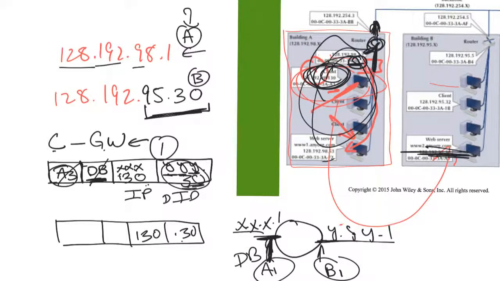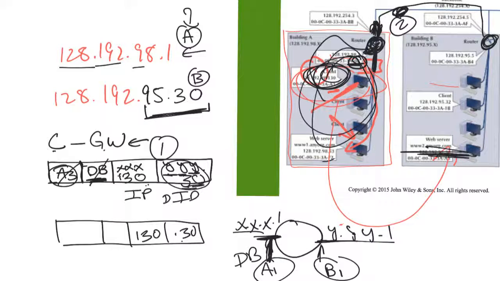So the message right now at this point, let's call that point 2, the source MAC address and the destination MAC address will change. The router on this edge of building A wants to send it to the router at the edge of building B, so it will leave the link on this side. It will replace its MAC address.